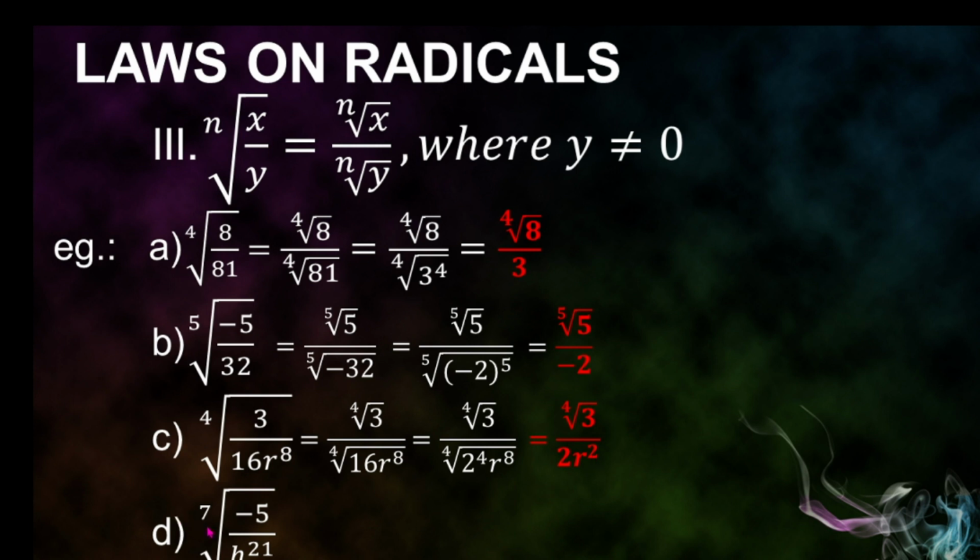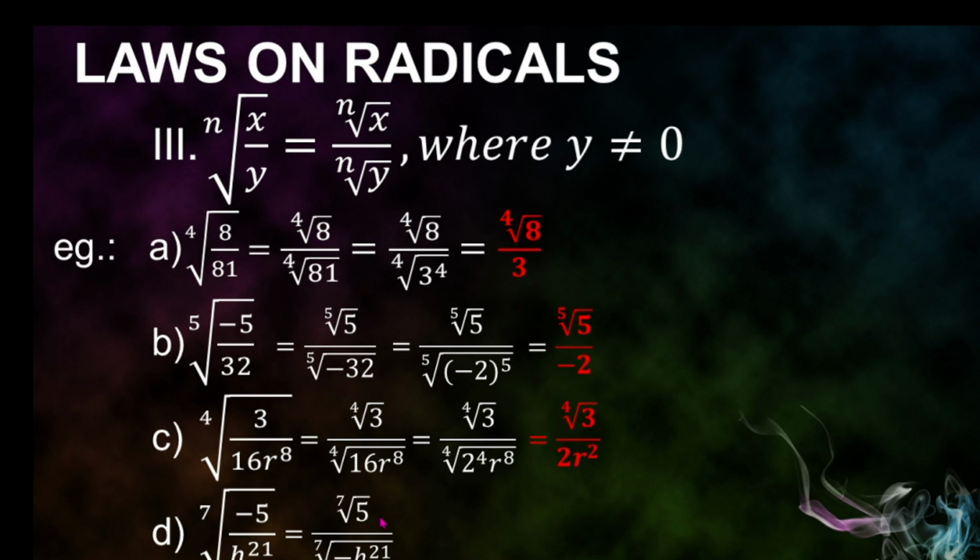Next, we have the seventh root of negative 5 over h raised to 21. So we write it as the seventh root of negative 5 over the seventh root of negative h raised to 21.